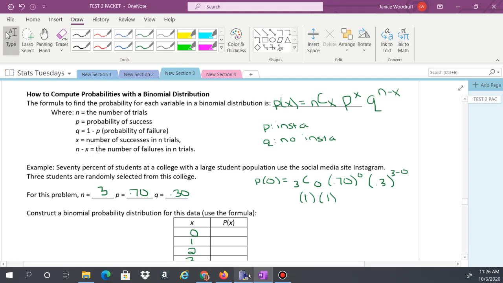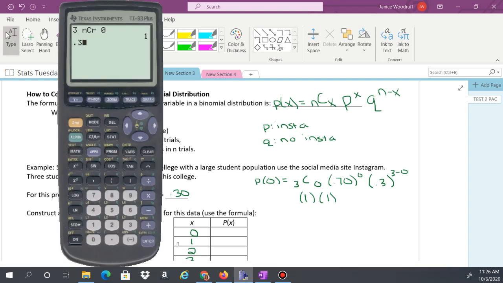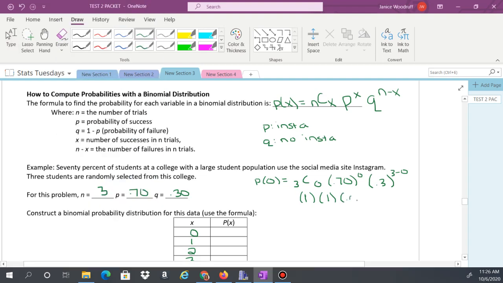And then you have 0.3 to the 3 minus 0, which is just 0.3 to the third, so that's going to be 0.027. So 1 times 0.027 is 0.027. So the probability that 0 students out of the selected 3 have Instagram is 0.027.